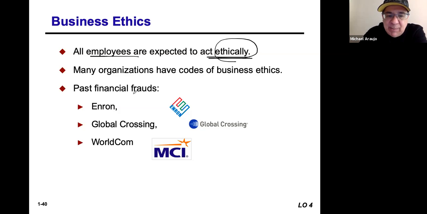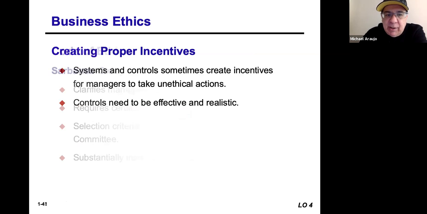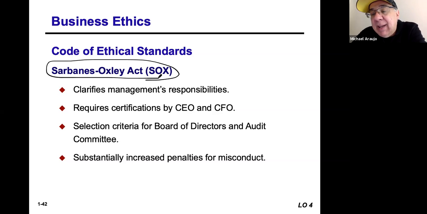So basically, anytime there's a fraud, you're lying to somebody important. It might be your owners, stockholders, or others that have a financial interest in the company. So systems have to be created, and the law is new. Sarbanes-Oxley is the law that says, look, you have to take these types of things seriously.